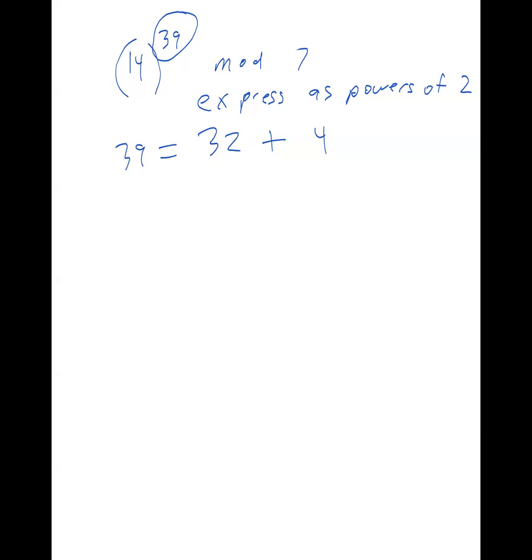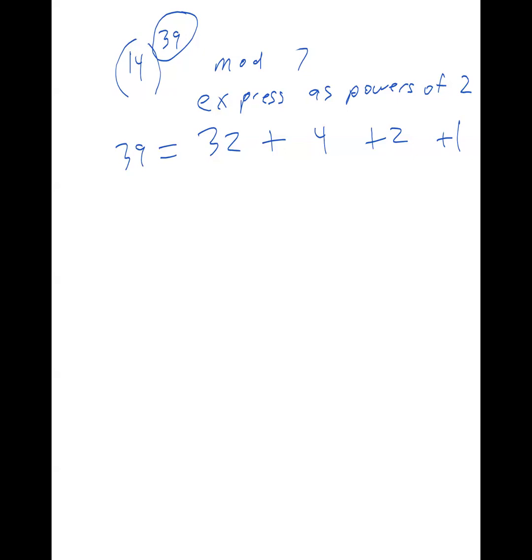We have 36 and you're trying to get to 39. You only have 3 left. What's the biggest power of 2 that can go into 3? 2. And if you take 2 away from 3, you only have 1 left, and the biggest power of 2 that can go into 1 is 1. So 39 breaks down into 32 plus 4 plus 2 plus 1. You have to express it as powers of 2 starting from the biggest to the smallest.